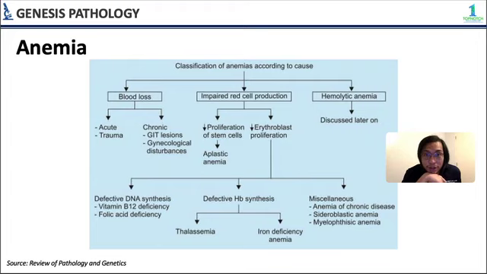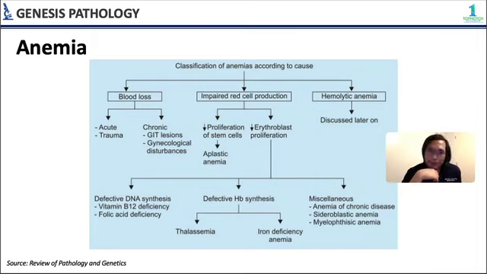That will cause megaloblastic anemia. Kaya megaloblastic ang vitamin B12 deficiency, kaya megaloblastic ang folic acid deficiency. Anong pinagkaiba nila? Vitamin B12 deficiency will present with neuropathy. Okay? That's your subacute combined degeneration.